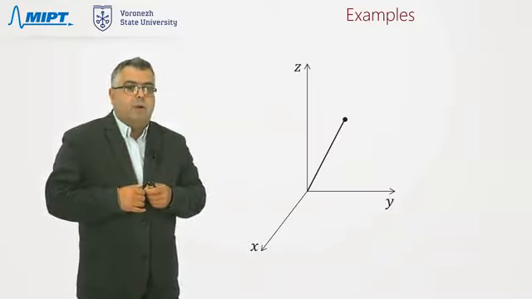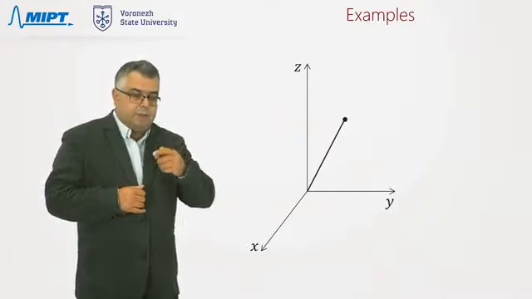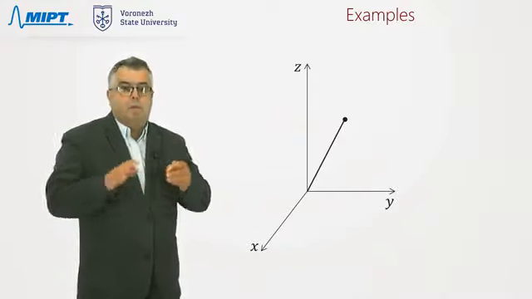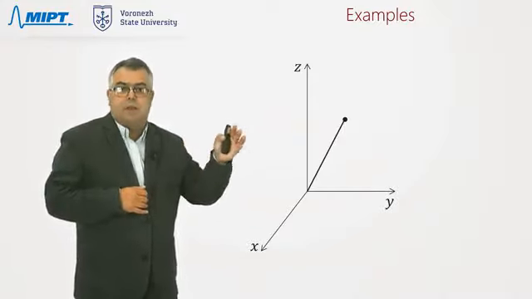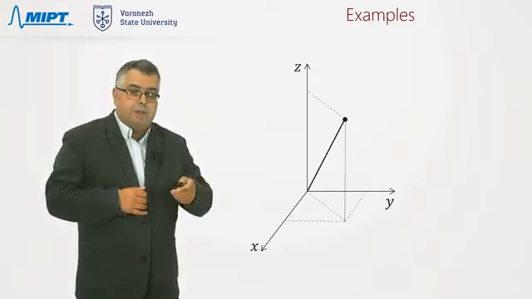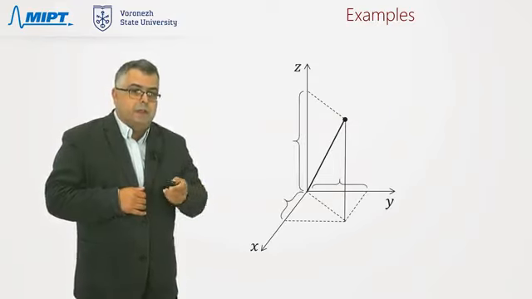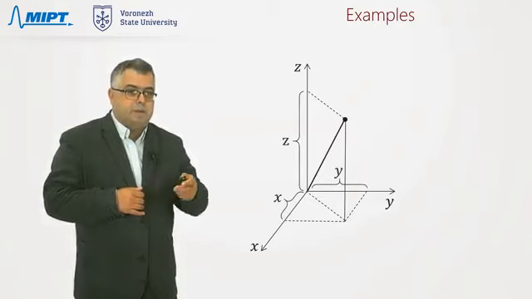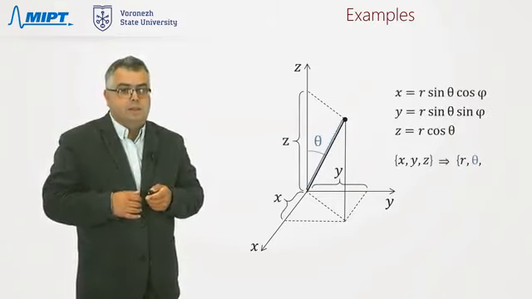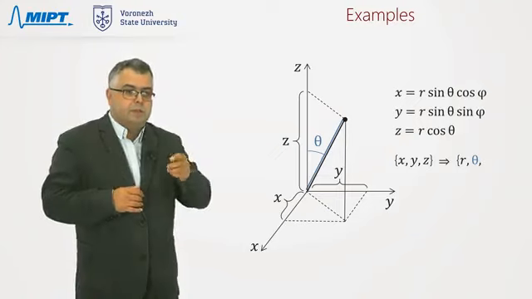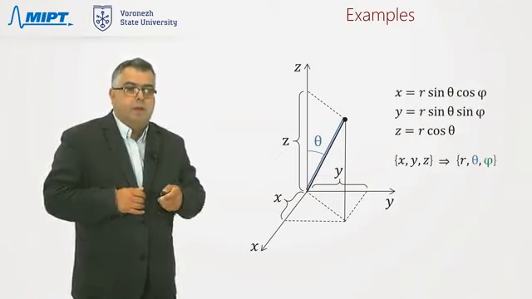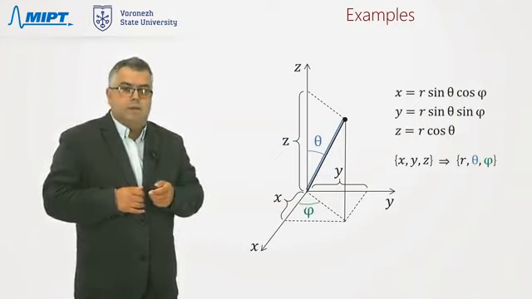Let's say we have a particle in three dimensions, and we can describe the position of this particle by three parameters, let's say Cartesian coordinates. But instead of Cartesian coordinates, we can introduce spherical coordinates: the angle theta, the distance from the origin to that point, and the angle phi.